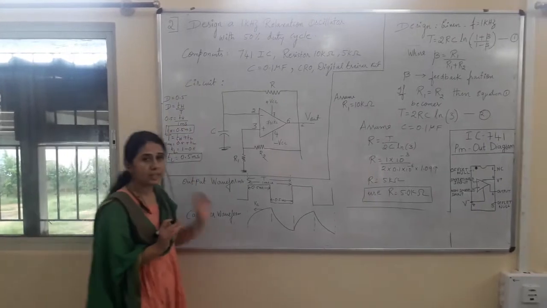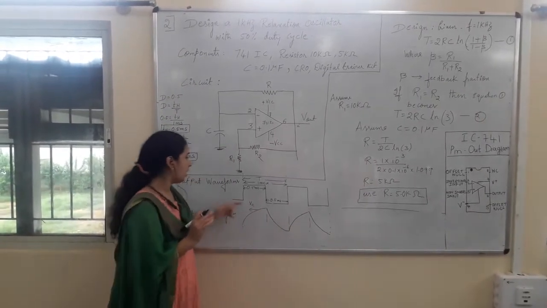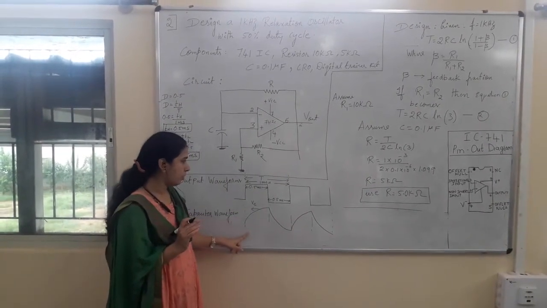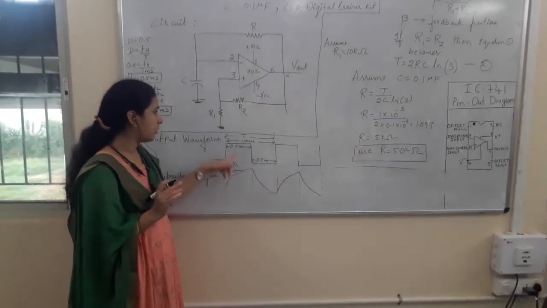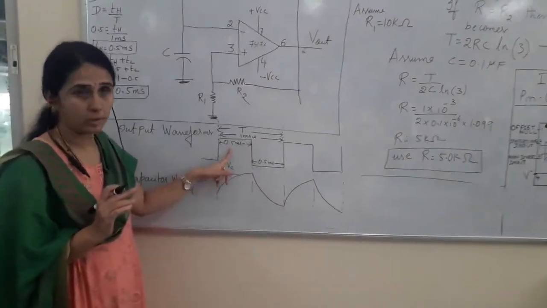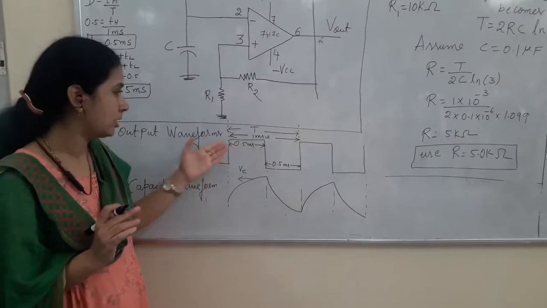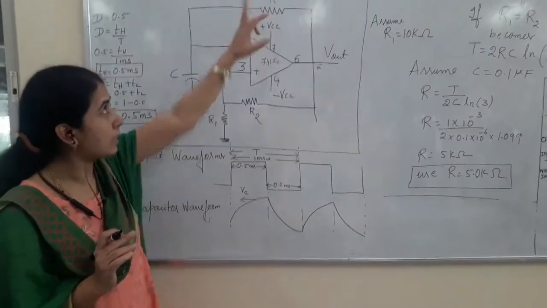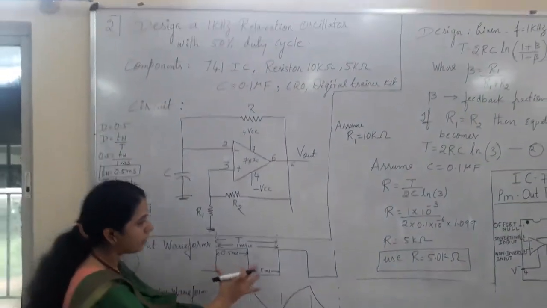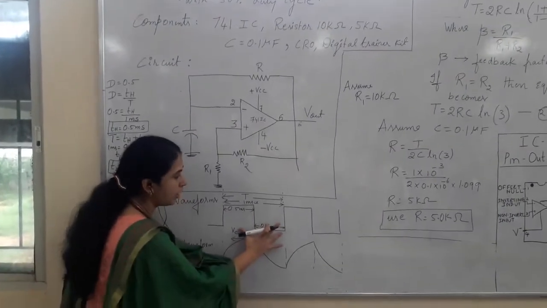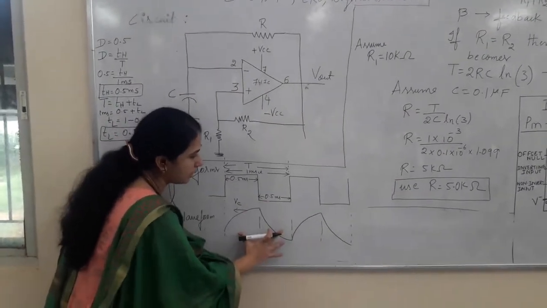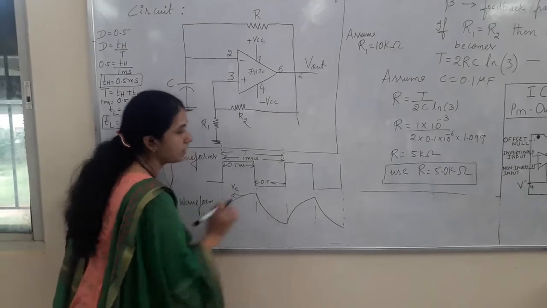It is called a relaxation oscillator because you can see there are two types of output waveform. One is the capacitor output waveform, and one is a rectangular or square type of output waveform. It is called a relaxation oscillator because the frequency of the oscillation is based on the charging and discharging of the capacitor.